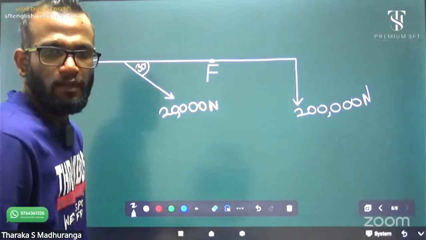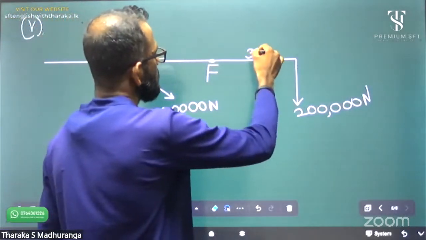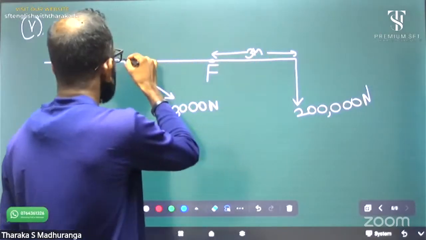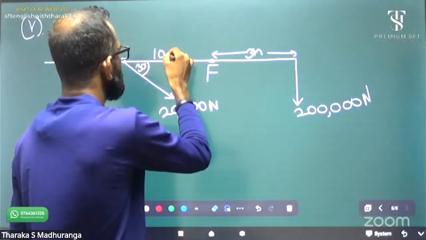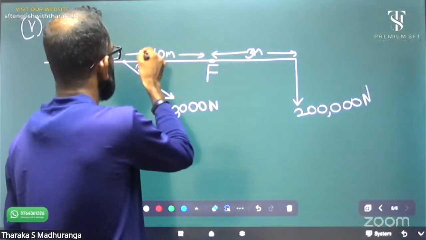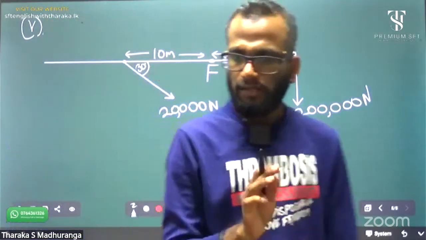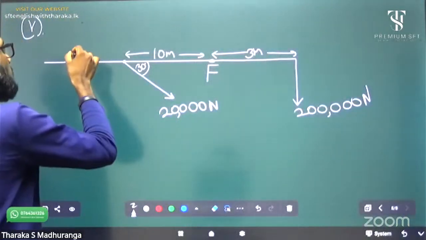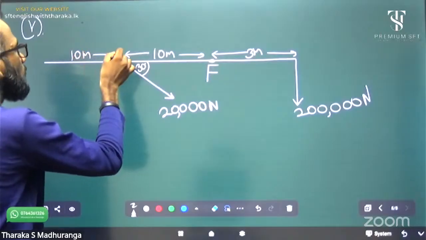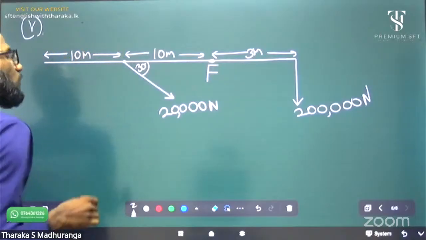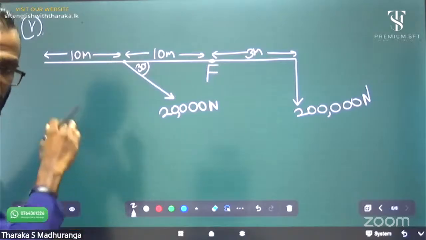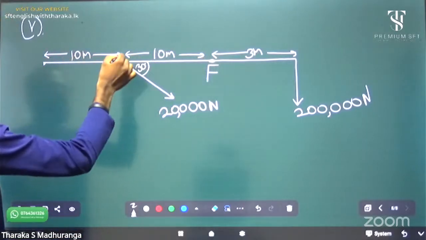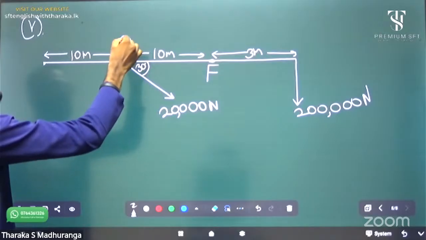And it is 3 meter. Now F2, this final point, 3 meter. How about this length? It's 10 meter. There is another force 10 meter away, because the total length from this point to the F point is 20. Then Q is the midpoint.